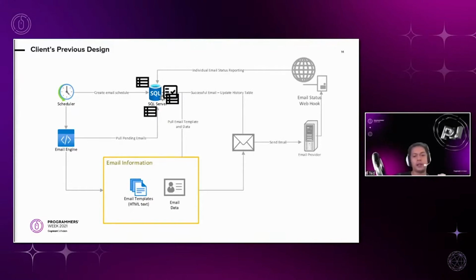The email provider sends the outcome of each email process by invoking a webhook that will update a record in the same database for reporting purposes, such as how many recipients opened the email, number of bounce emails, number of unsubscribes, etc. By now, I'm sure you already know what the problem is with this architecture. And to add more stress to the database server, it is also used by other applications.